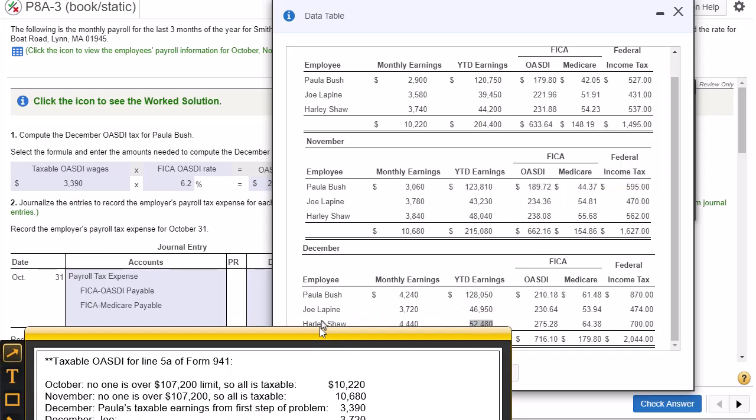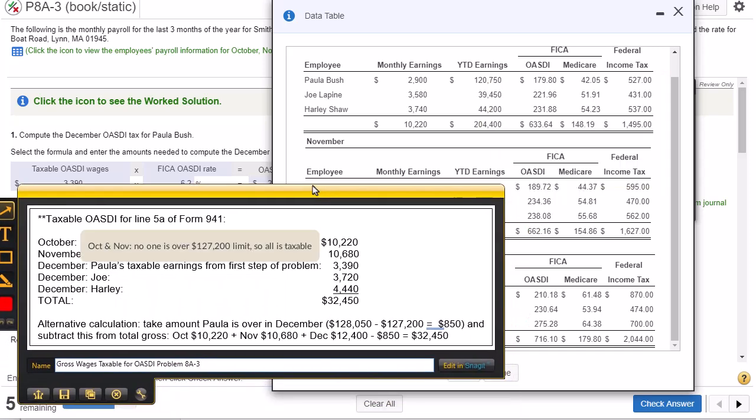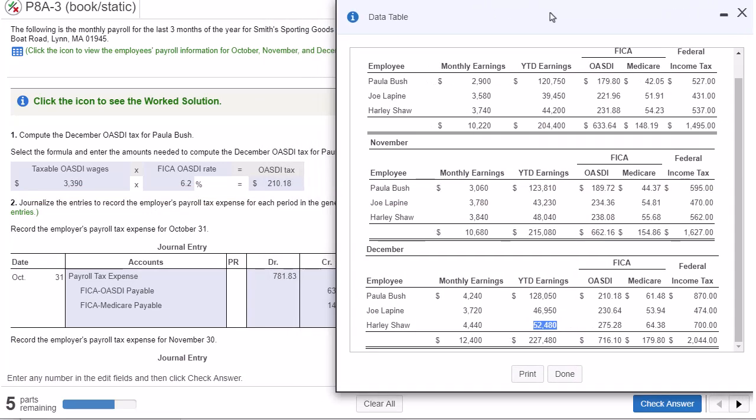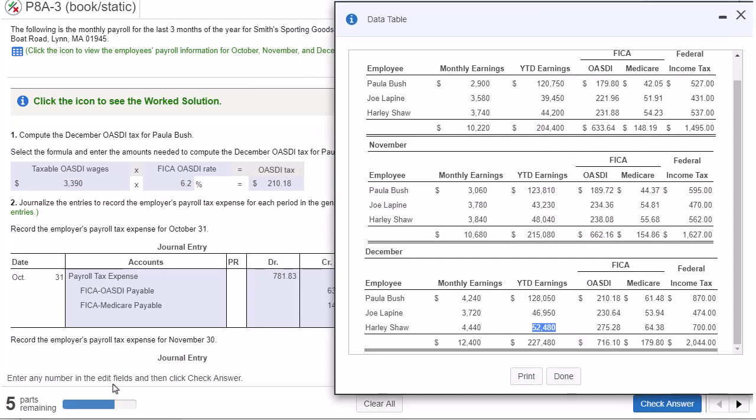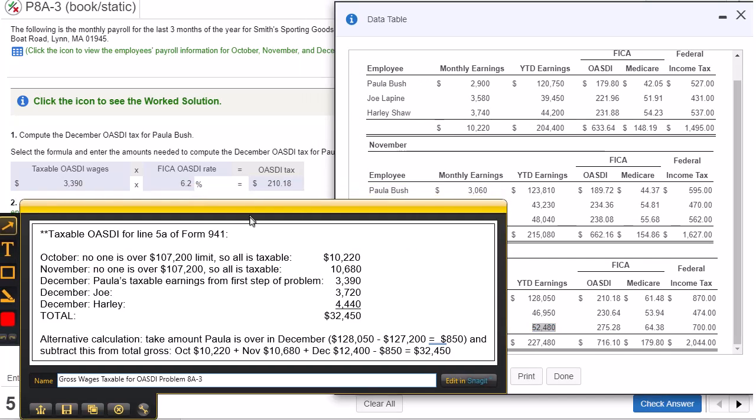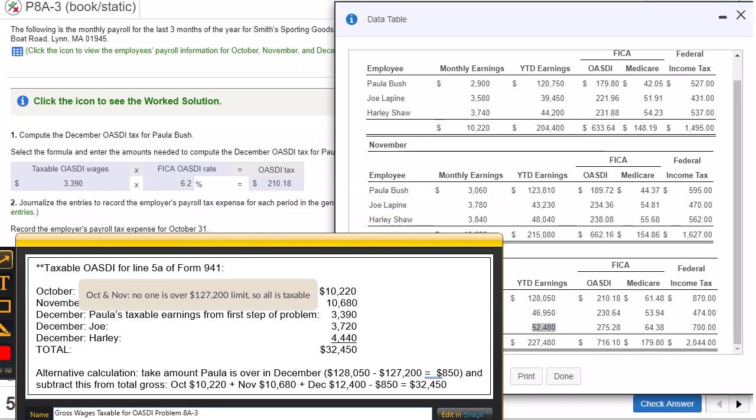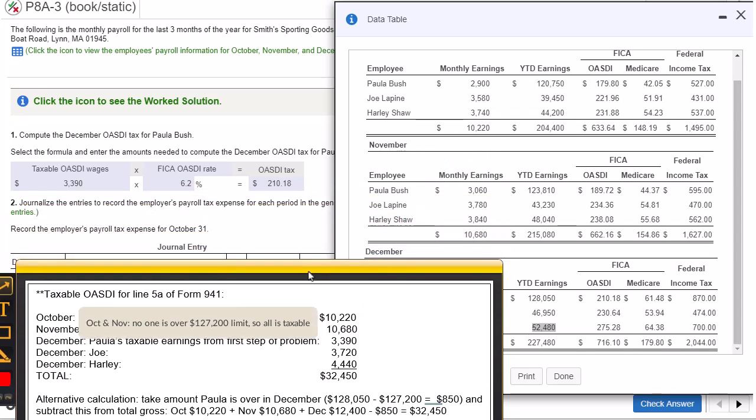So here's a summary. Here's my screenshot. All right. So again, for October, all of this $10,220 is taxable for OASDI. For November, all of this $10,680, which is right here, is taxable.